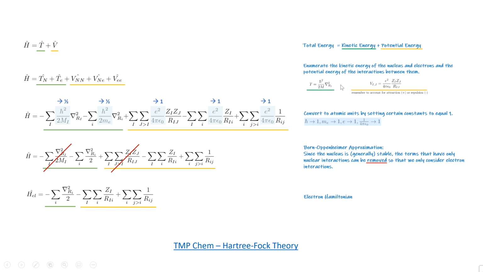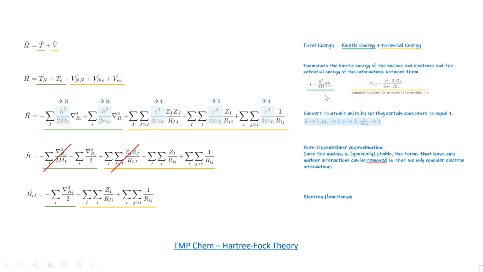A bit of intuition behind it: the h bar squared del squared operator, if you take these together, it's kind of the momentum squared. And so you have momentum divided by m, which very roughly speaking is like the velocity. So I'm just trying to relate this to half mv squared. This is just for some intuition. This is not exactly what's going on here, but that's kind of the analogy.